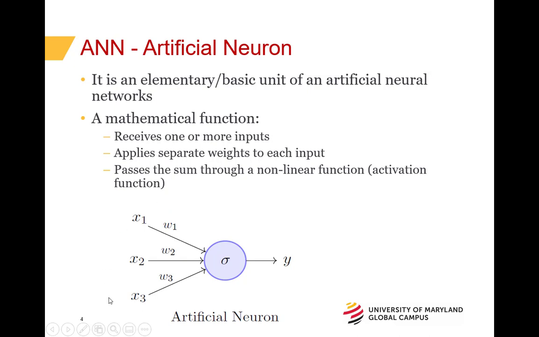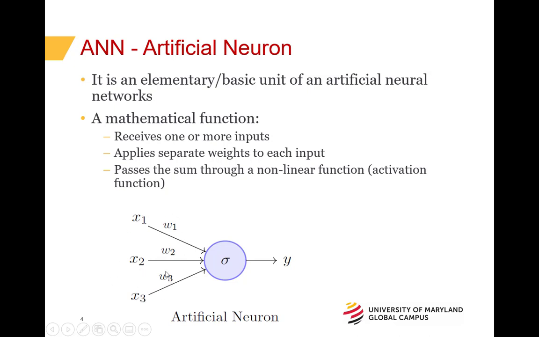These inputs could originate from the data, or it might be an output from a previous node or a previous neuron. So it receives one or more inputs, and it applies different weights to those inputs. In this case, x1 gets weight 1, weight 2 is applied to x2, and weight 3 is applied to x3.